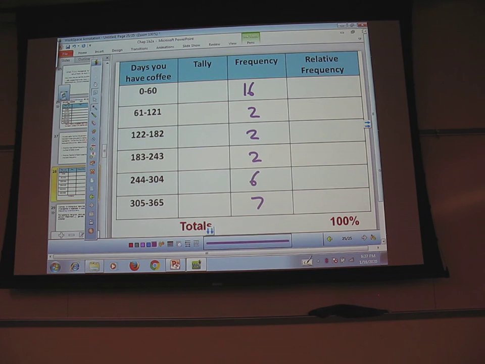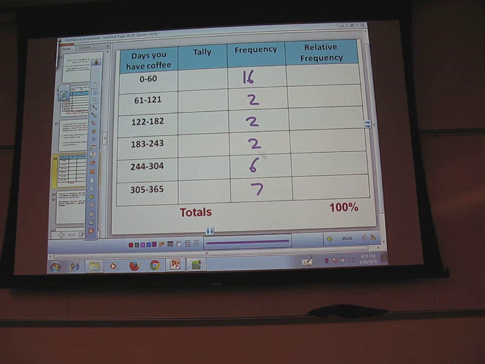All right, so all together we had how many? Looks like 30, 35. Okay, so all together we had 35 people.